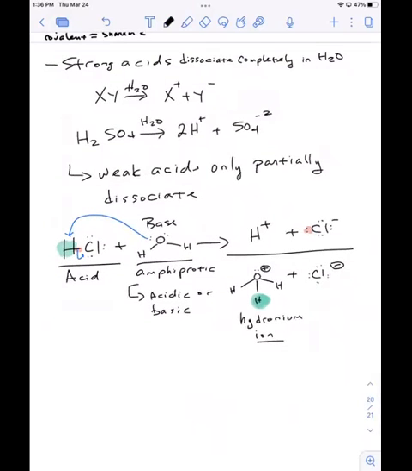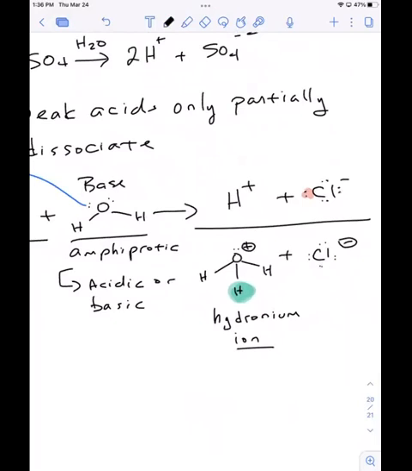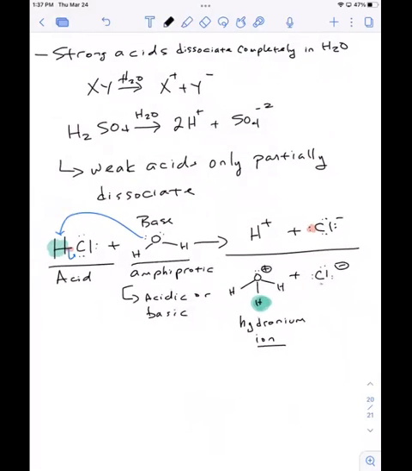In this reaction, if I have my acid and my base labeled, which one on the product side would you label as the conjugate base? If the acid loses a proton, it becomes the conjugate base. So look at the acid, it's HCl. On the other side, you have H3O plus and Cl.